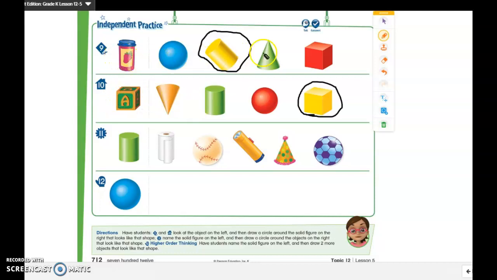So make sure your answers are staying along the line. Without your math book in front of you, it's hard to practice that skill so importantly. This red cube, it does match this guy, but they're not on the same line. They're not the same question. So we're only staying on our lines. Make sure your eyes are still doing that. Okay, keep your eyes focused to the spot we're looking at.